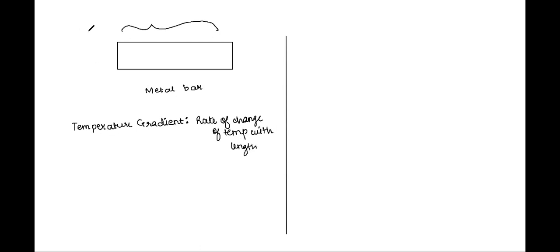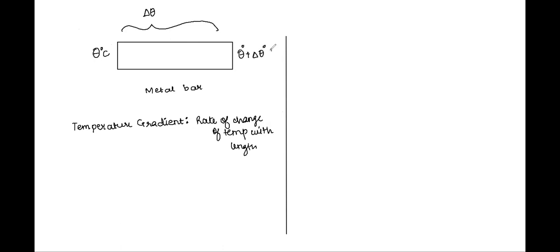Now, let's say I'm maintaining a temperature difference of delta theta, right? So suppose the temperature is theta degrees Celsius here and 0 degrees Celsius here. So we'll have a temperature difference of delta theta across both sides. You can also denote this as: if on one side the temperature is theta, on the other side it is theta plus delta theta.